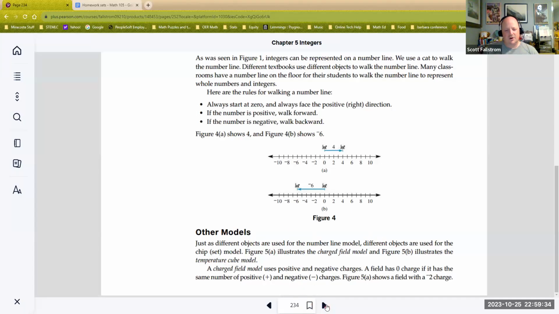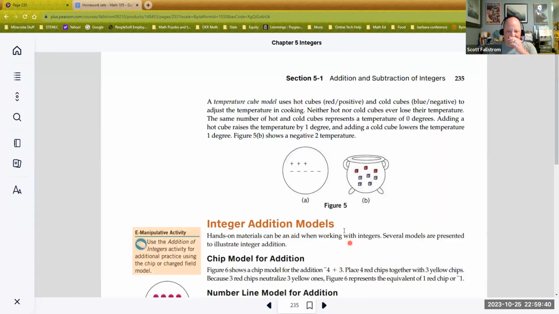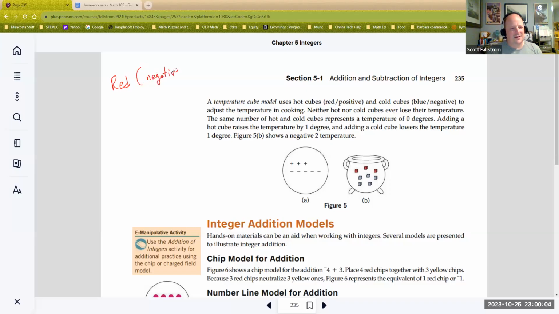It says there are other models. One of them is the charge field model, which is just writing a plus sign or a minus sign instead of using a chip that is labeled one way or the other. I think what I'm going to do in class for our activity is use 2 types of chips, and they're related to business. If you're in the red in business, it means you're in the hole, which also means negative.